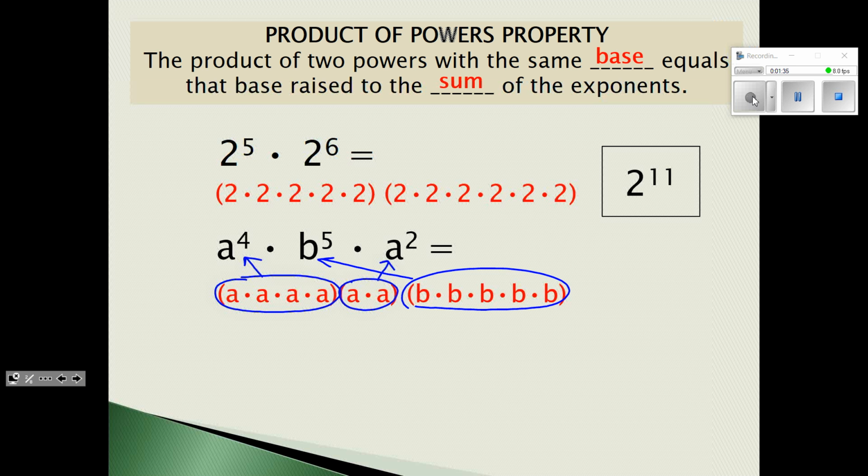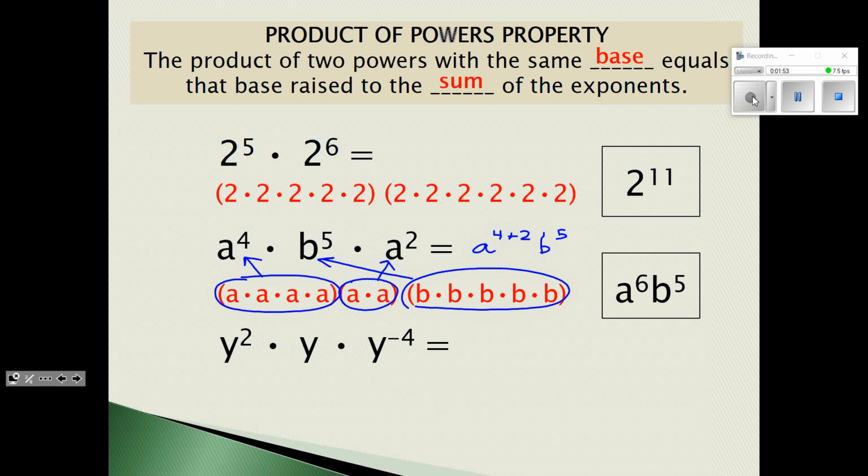I just grouped the A's together. How many A's are there altogether? There are 6. All we had to do was add the 4 plus the 2 to get 6. And then B stood alone. So our final answer was A to the 6th power and B to the 5th power.